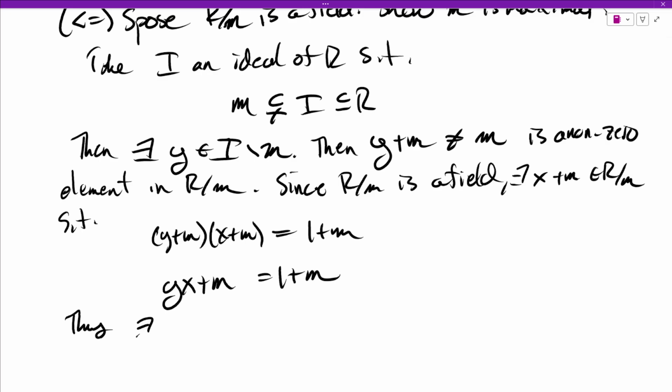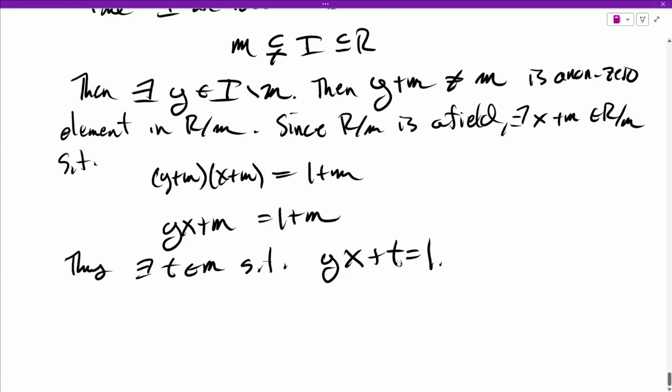So there exists some t in M such that yx plus t is 1. That's just saying that yx and 1 are in the same coset, so they differ by an element of the ideal.